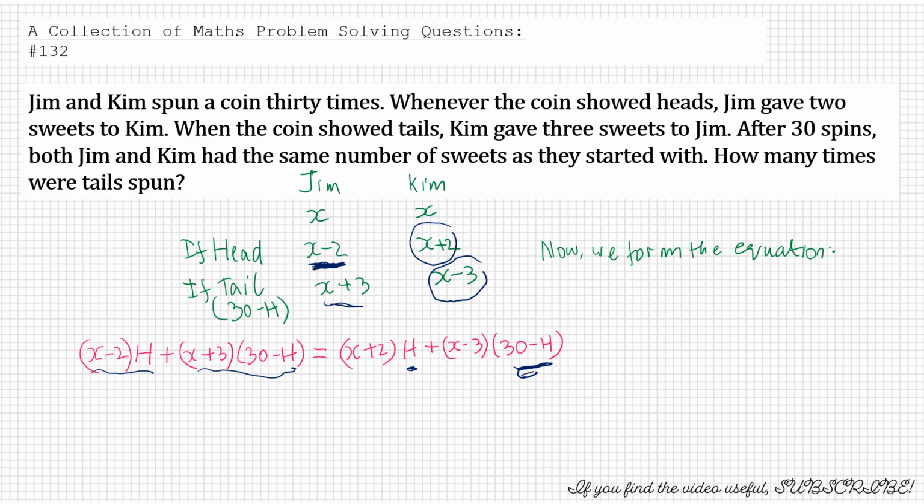So we equate the two, and though it looks a bit complex, with lots of unknowns, X and H, you will see they cancel each other out.